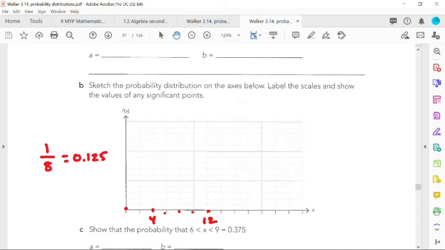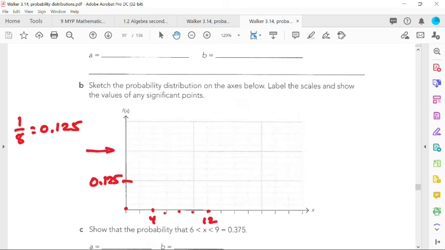So here's what we'll do. We know that 1 over 8 is the same as 0.125. So let's just call this 0.125. That just means that if I got more of them, I would just add more. So this one would be twice that if I had to change it.